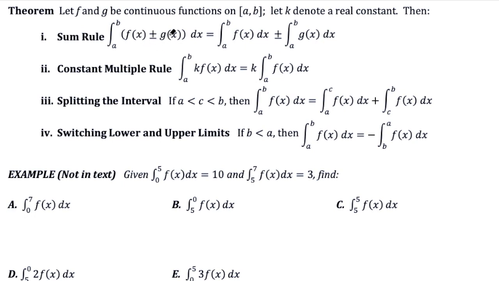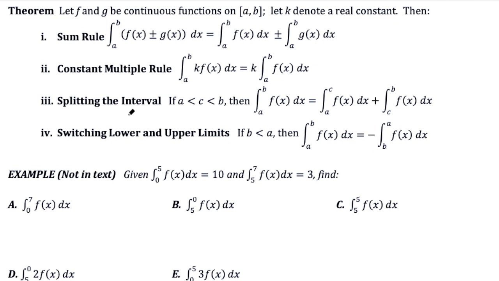If your functions are being subtracted and you want their areas, you can find their areas independently and subtract those areas. The constant multiple rule says that if you have a constant multiplying your function, you can take that value outside, find just the area of the function itself, and multiply it by the constant at the end.